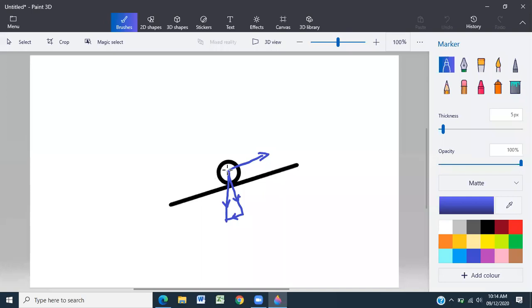So we'd have something come up in the same general direction as this. Okay, so this same general direction. These are the mechanics of an inclined plane.